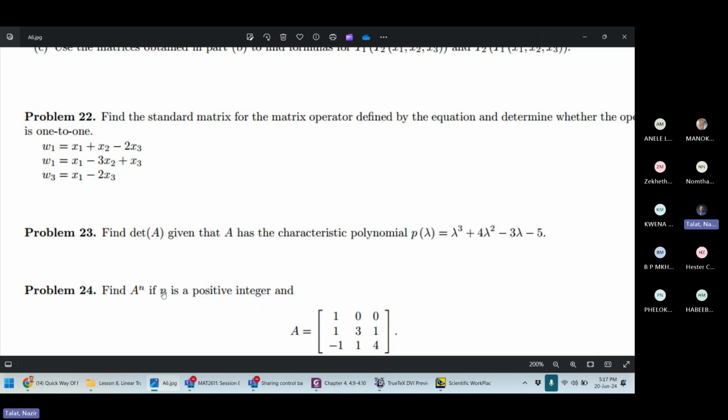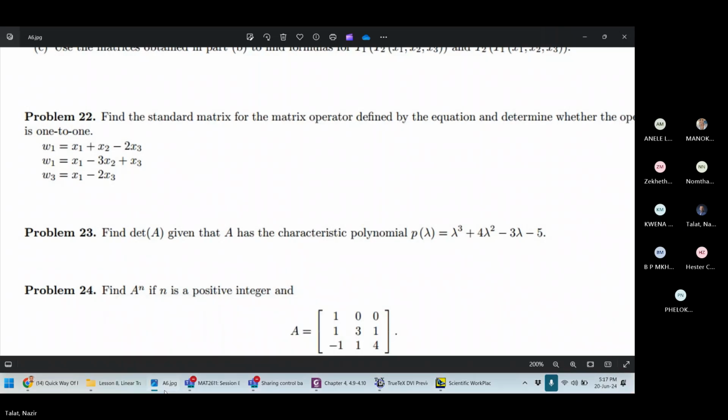For example, find A squared, A cubed, then you will get its general form, like A power 4, which will tell you what the n-th power is and how the general rule works. If you apply A squared, A cubed, A to the 4, it will tell you for each value of n what A to the n is. You can prescribe it and make a general formula for A power n.